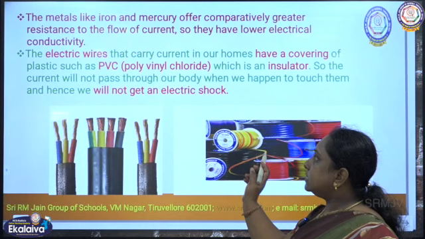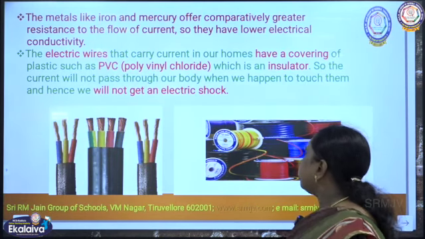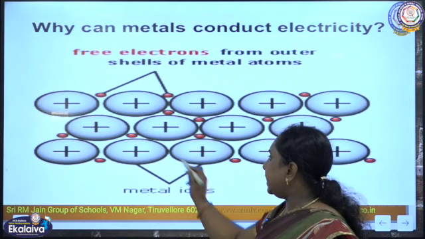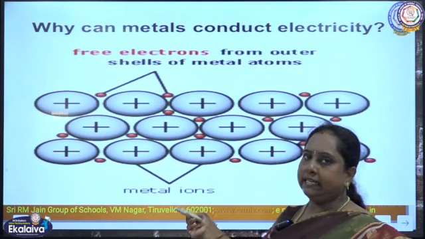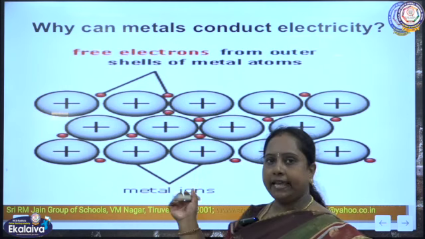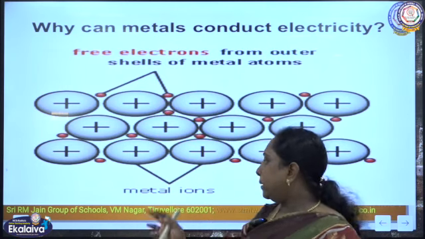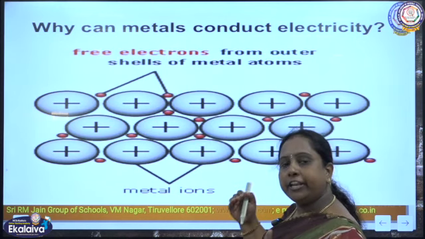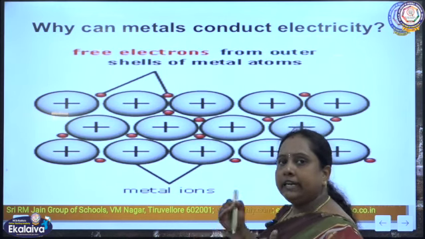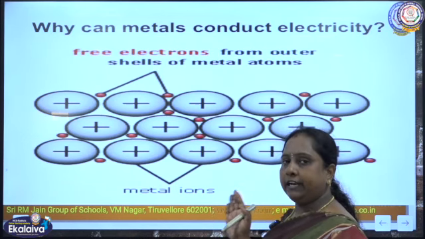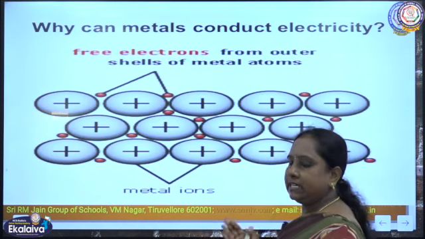This is how the atoms have free ions, the metal ions are available, so that they conduct electricity. These atoms are compactly packed. When the metal ions are coming out, they are very much available for the electrons, because electricity is nothing but flow of electrons. So, they can conduct very easily.